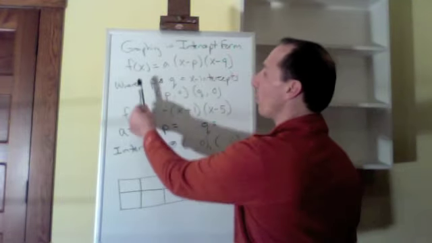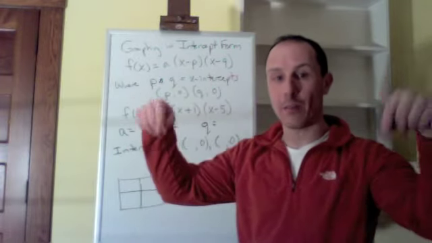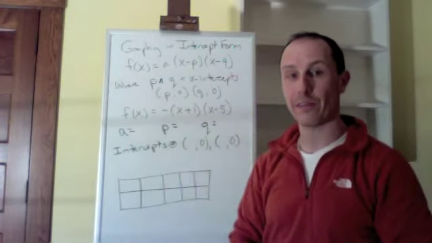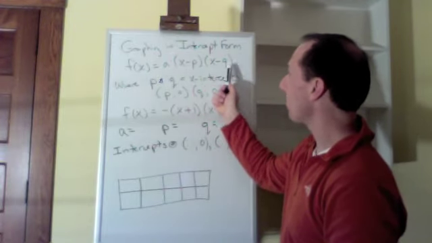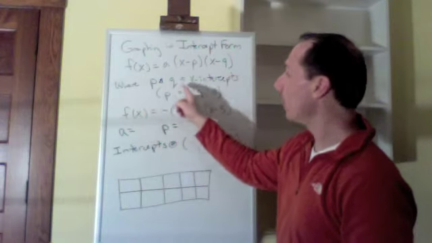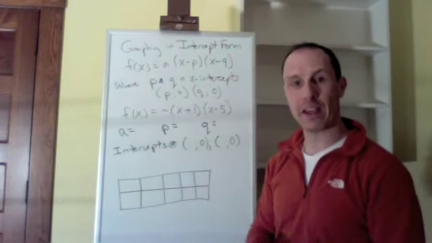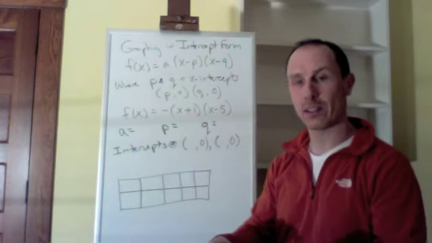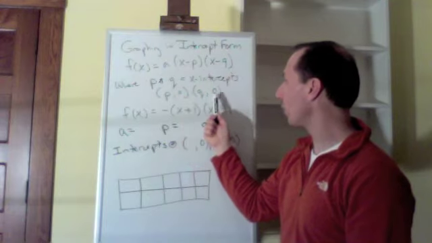When we're in intercept form, we have f of x is equal to a, again, a dictating whether this thing is opening up or down, wider or narrower than our parent function, times open parentheses x minus p times x minus q, where p and q are our x-intercepts. Those are the values of x that drive y to 0. So our two intercepts will be at p comma 0 and q comma 0.